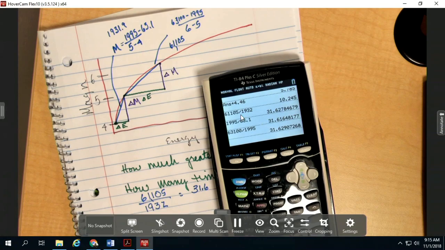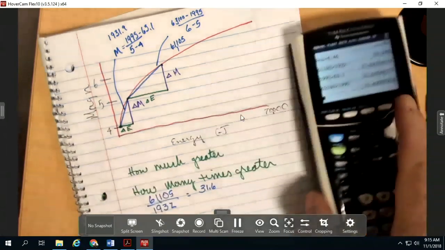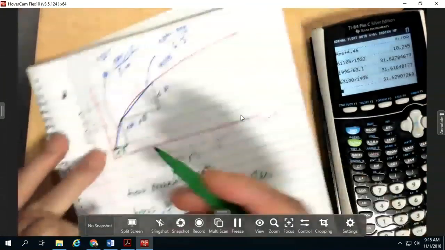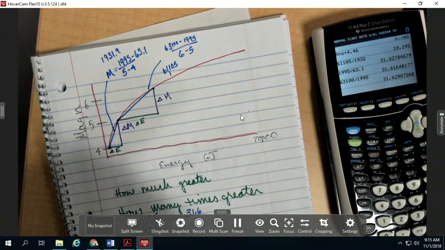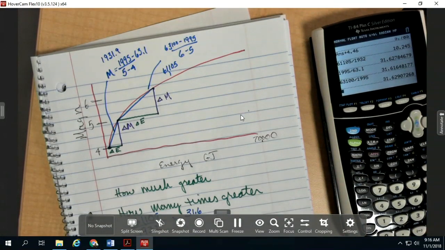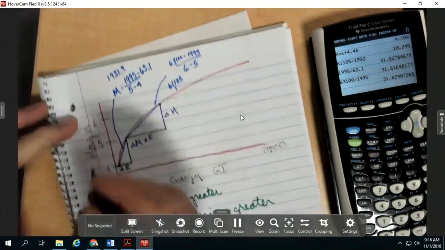So, if that is true, how would we figure out how much energy there will be in a magnitude 7 earthquake? Because that's not on our chart.